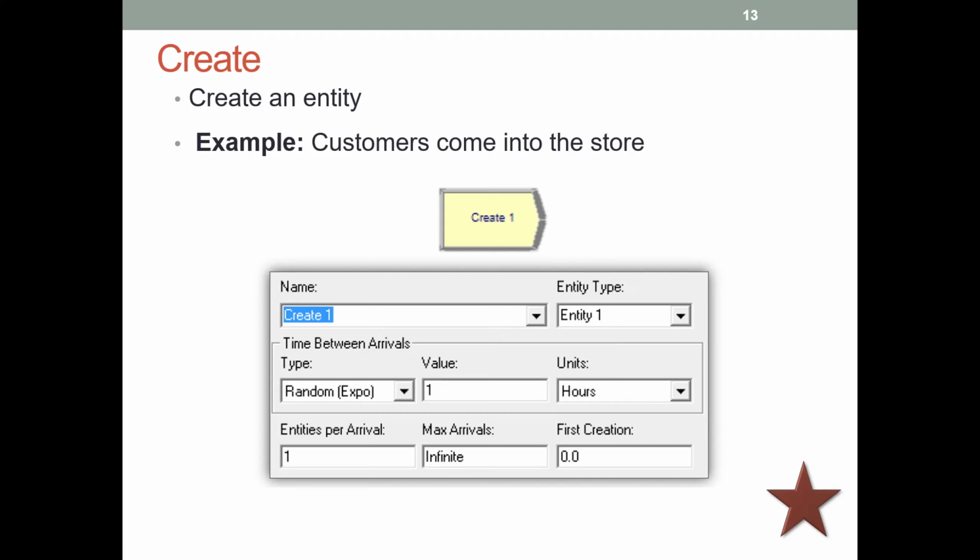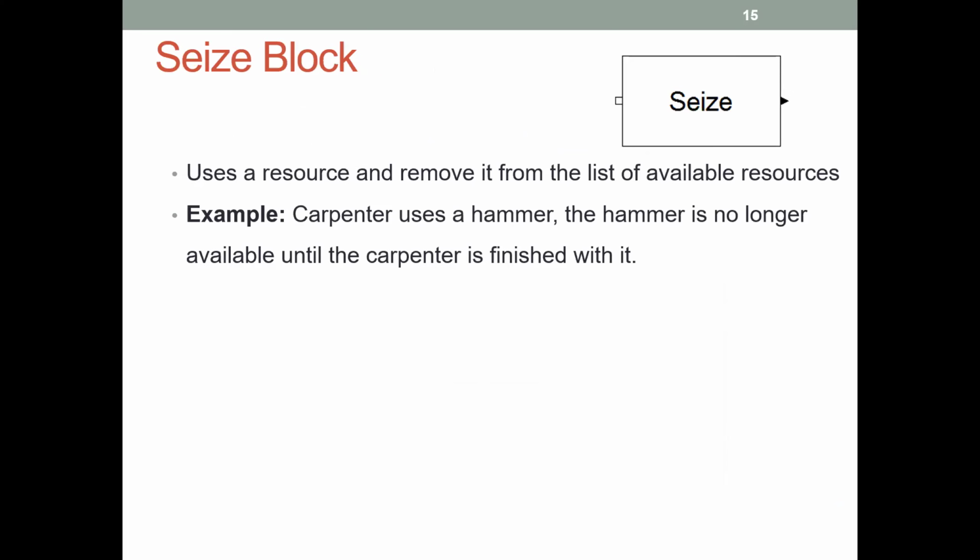We want the first entity to be generated after 8 hours. So in that case, we're going to be keeping the time units as hours, and then we'll tell the model first creation happens after 8 hours. Okay, so that's the second thing that we are going to be doing today.